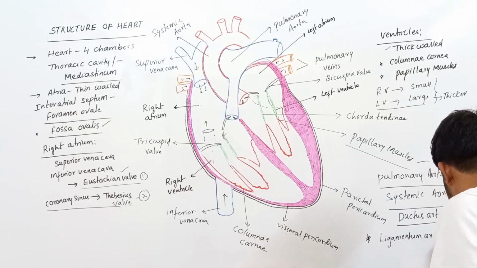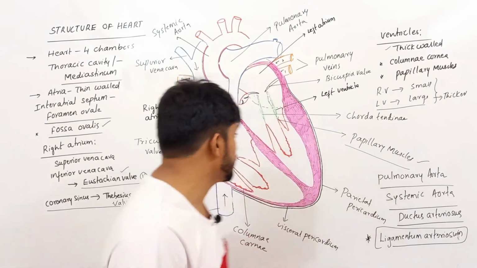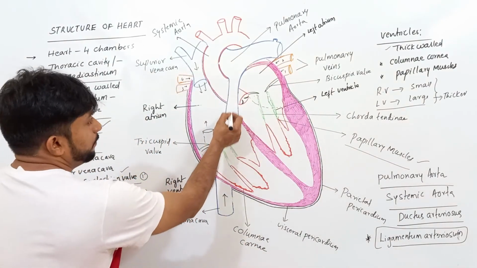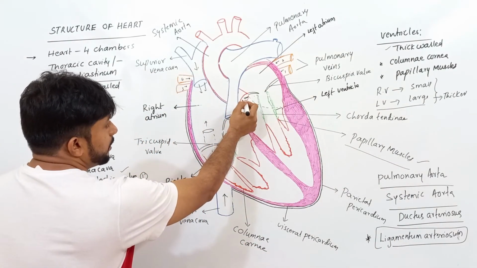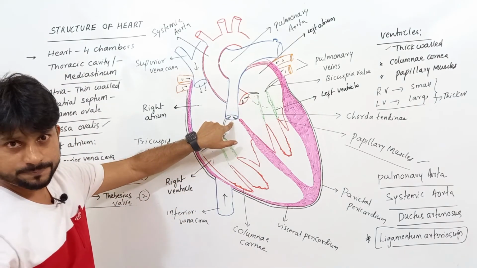So remember, this ligamentum arteriosum is found in the adult heart, and in the fetal heart you can see the ductus arteriosus.